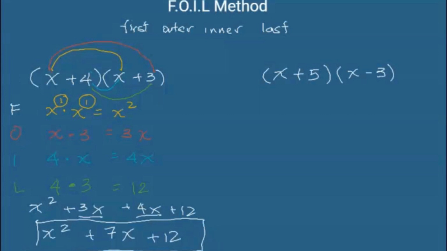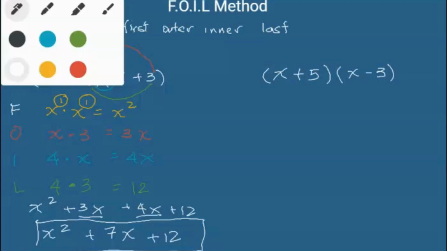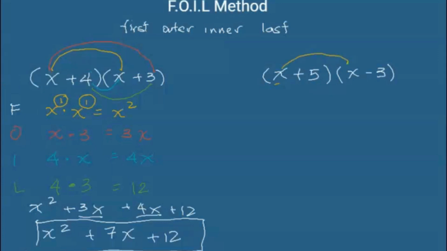Now let's do the second example, x plus 5 times x minus 3. The first terms are the x and the other x, so x times x is equal to x squared. Then the outer terms, x and negative 3, so x times negative 3 is negative 3x.